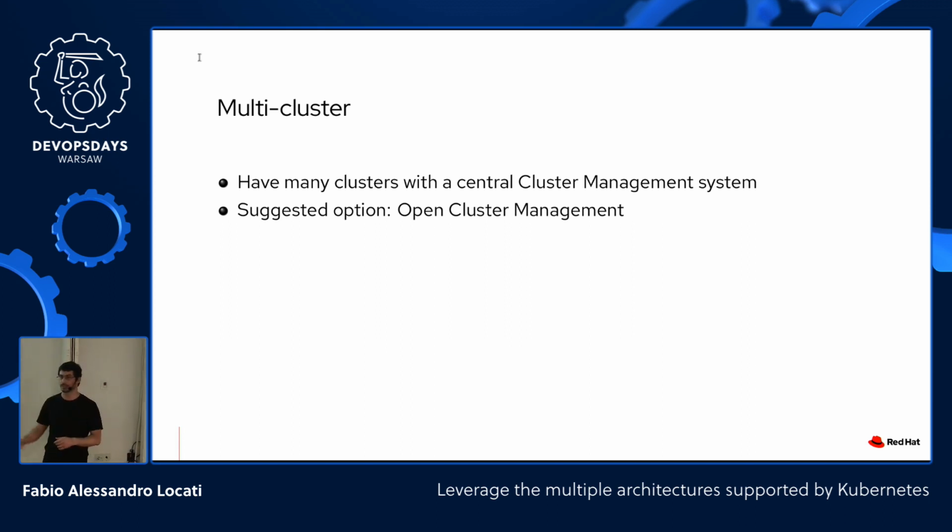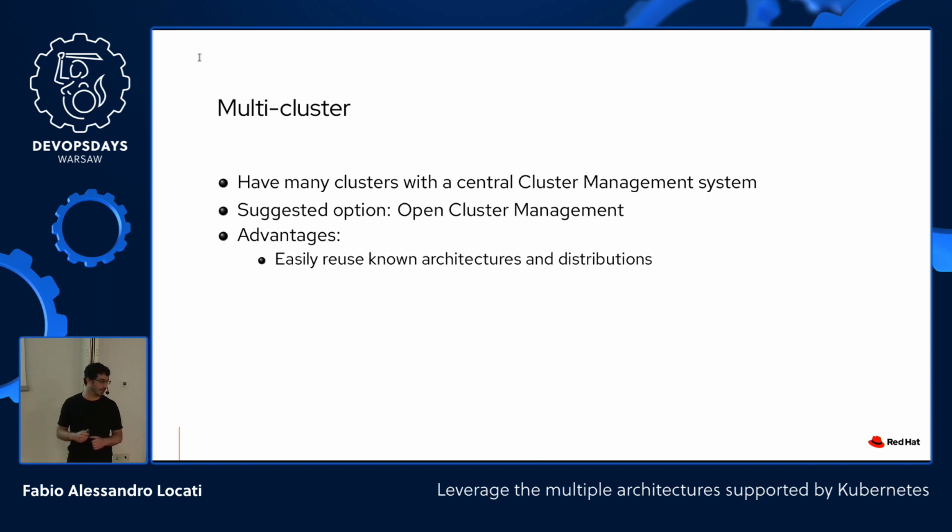There are many, but I think this is the one I would choose. The advantage of a multi-cluster strategy is that, in theory, you can easily reuse all the knowledge that you have on your current systems.